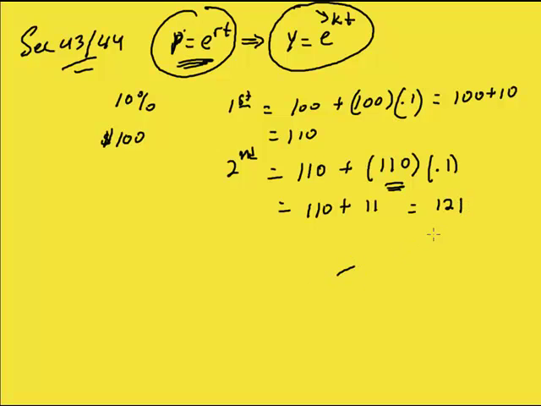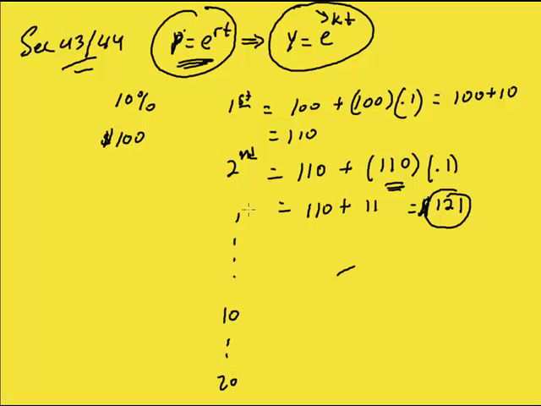Okay, so as you keep going, you're going to keep earning interest on what you have already. So what happens if you go like 10 years, or 20 years?